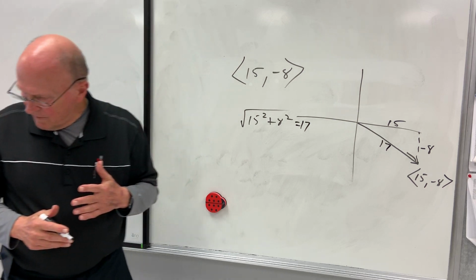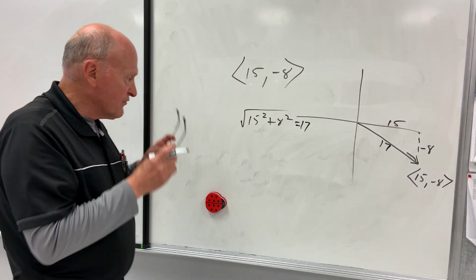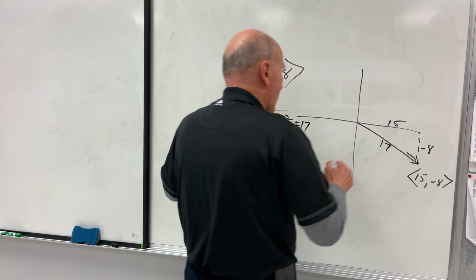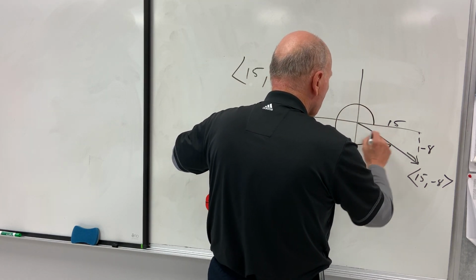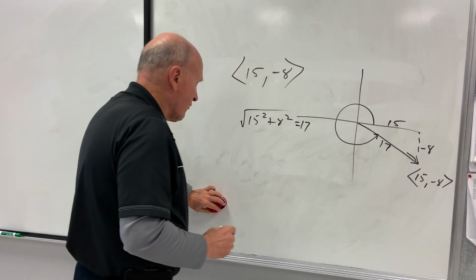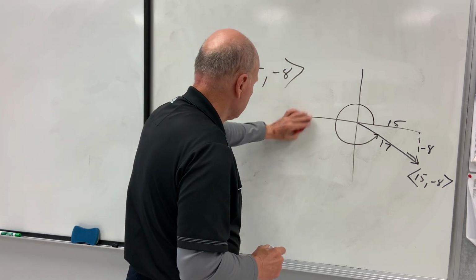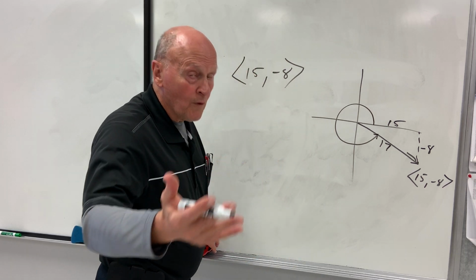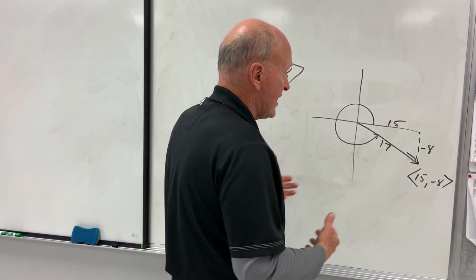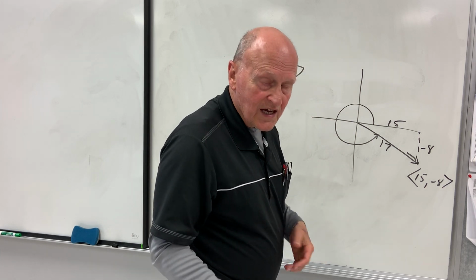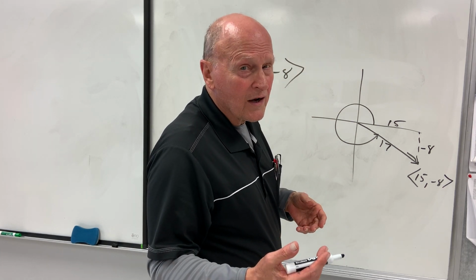Now then, besides that, it asks us for the direction of the vector. Now, we're in trig, so they're asking us for this angle right here. So to find that angle, there are multiple ways that we can find that angle. I can use arc tan, I can use arc sine, matter of fact, I can use the inverse of any of the functions.